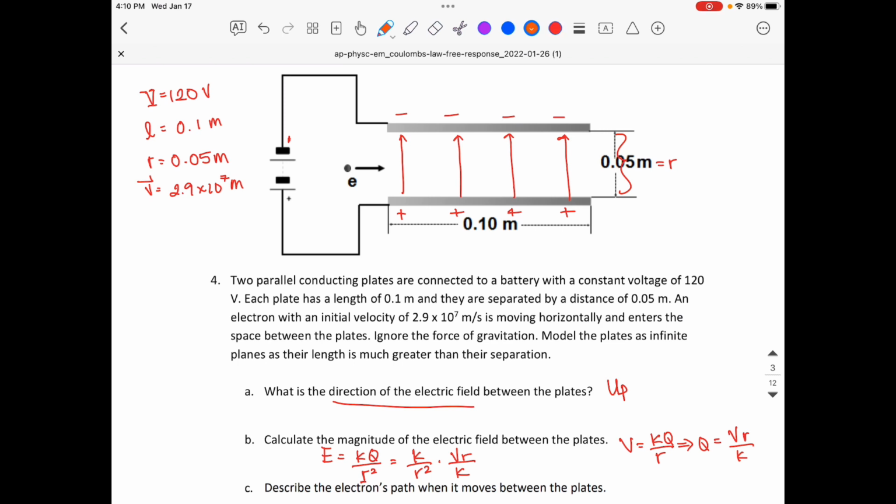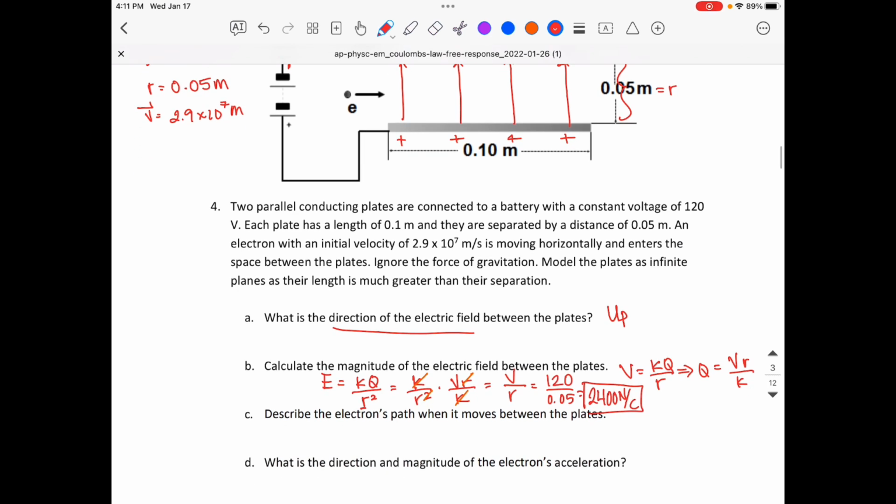And we can see that one of the R's cancel out in the denominator, the K's cancel out, and I end up with voltage divided by radius, which is 120 divided by 0.05, and the answer to that is 2,400 newtons per coulomb.